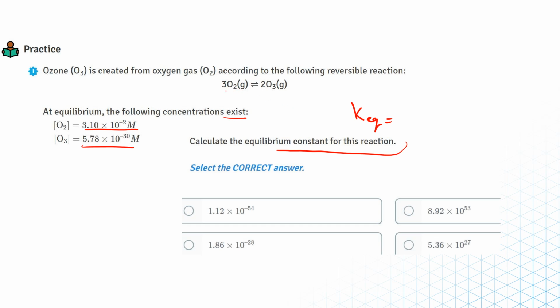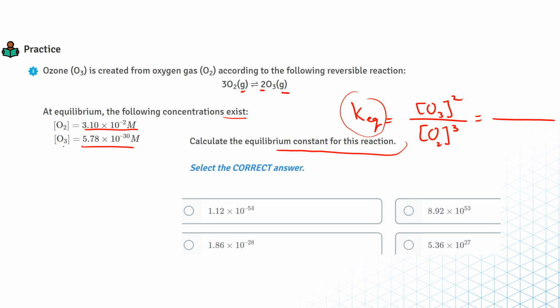First we must write the K equilibrium equation. So K equilibrium equals O3 to the power of 2, because there are 2, over O2 to the power of 3. Both are gases, so we can put them both in the equation. So if you want to calculate K, just put the numbers in the equation now.